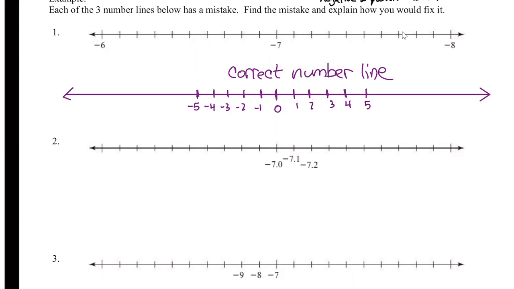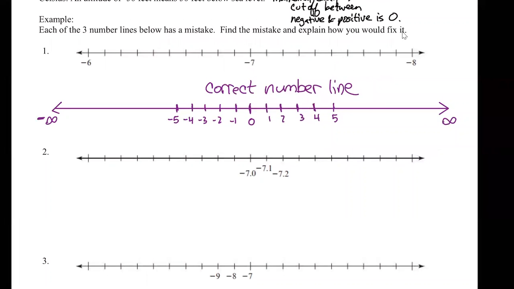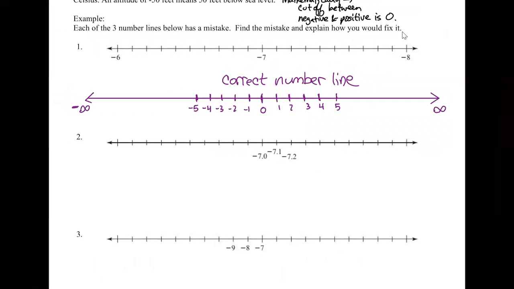This is the part of class where I would say, if we were in person, by a show of hands, how many people have ever lost credit, not because they didn't understand the concept in math specifically, but because they didn't use a ruler, or they missed a label or something like that?